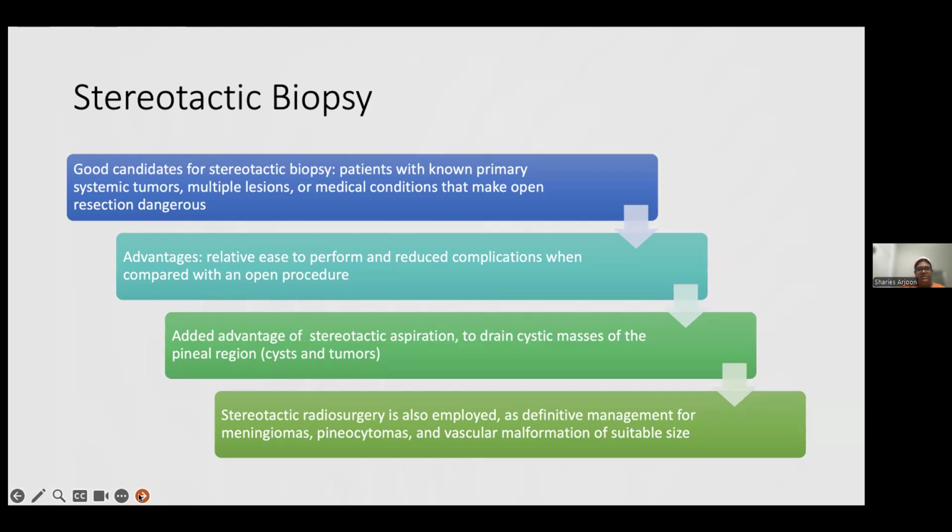The advantages are relative ease to perform and reduced complications when compared to open procedures, and the added advantage of stereotactic aspiration to drain cystic masses of the pineal region in the case of cysts and tumors. Stereotactic radiosurgery is also employed as definitive management for meningiomas, pineocytomas, and other vascular malformations of a suitable size.